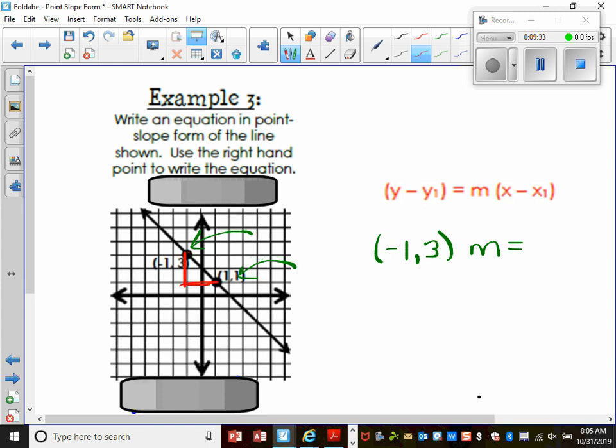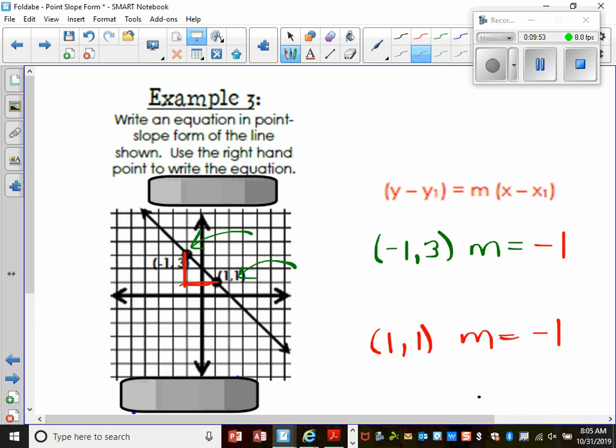And of course it's going to be a negative what? This is 2, and so it's going to be -1, is that right? So my slope is -1, so that's not going to change for both points. Okay, so even when I do the next point, which will be 1, 1, my slope will still be -1.